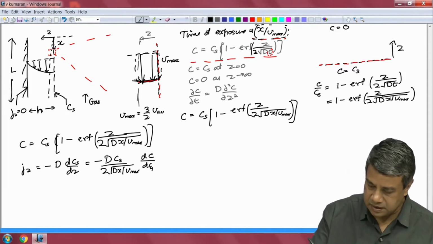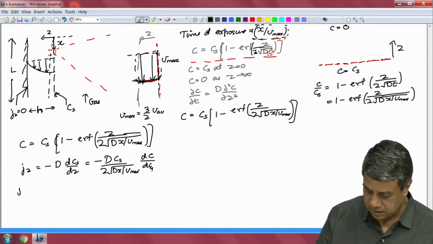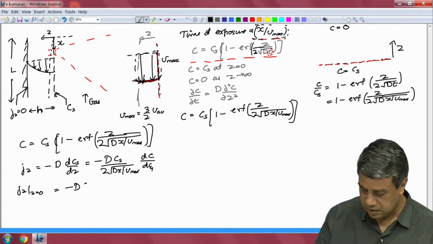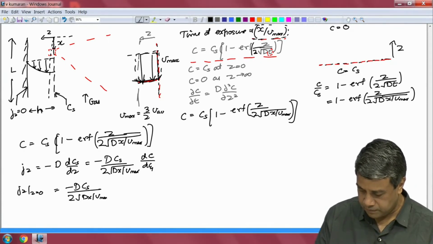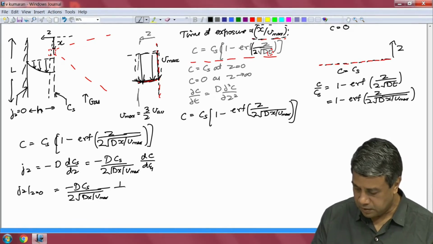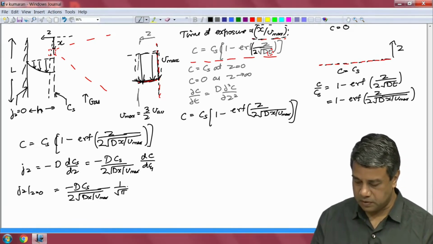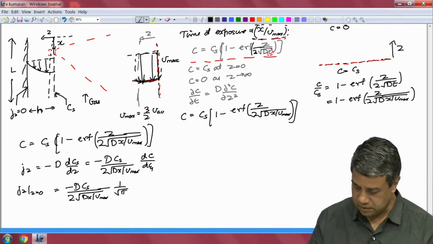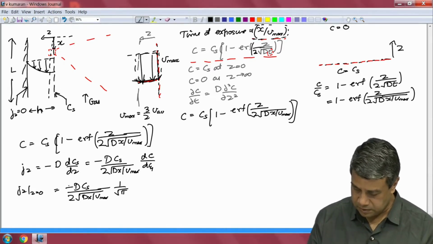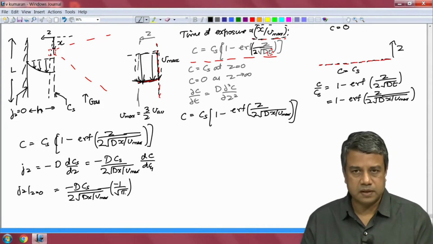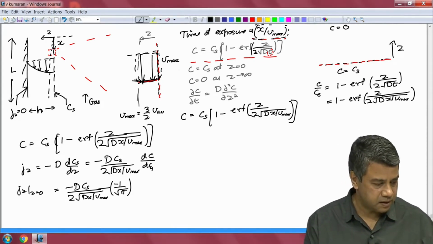The flux at the interface, the flux at z is equal to 0 is equal to minus D Cs by, into 1 over root pi. The slope at 0 was equal to minus 1 by root pi, because the slope at 0 of the error function is 1 over square root of pi.